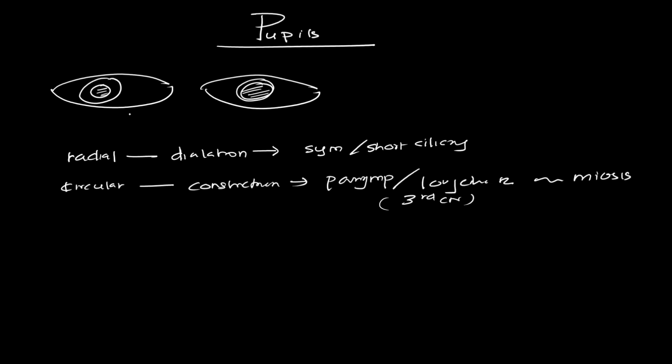Now, if there is a difference between the two pupils, we term it as anisocoria. Any distinct change between the sizes of the pupils. Right. So if you see an anisocoria, then you should think about a few conditions.